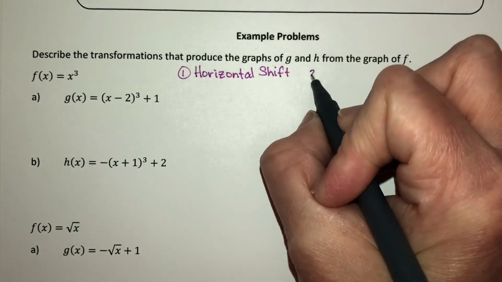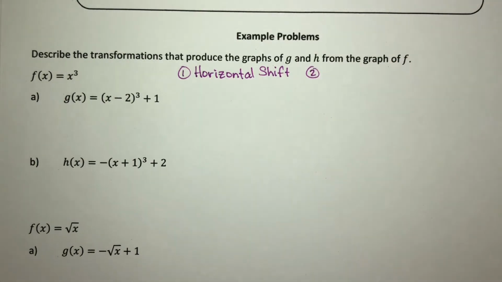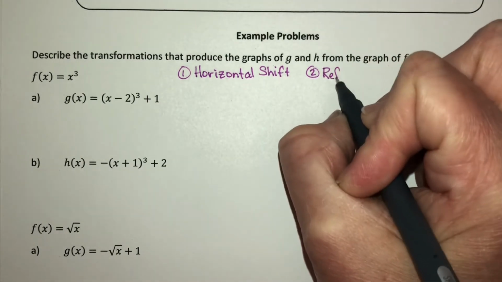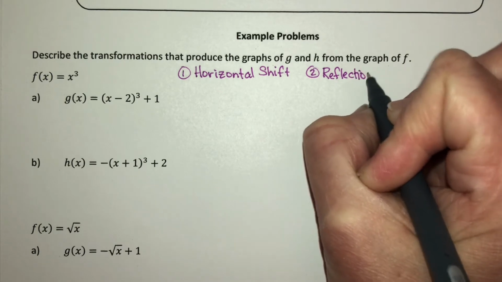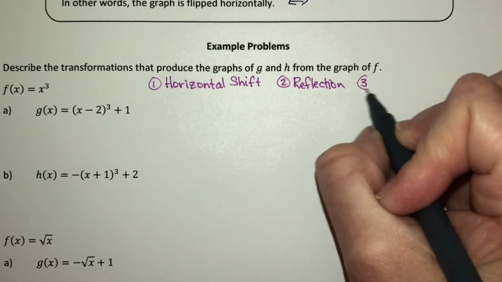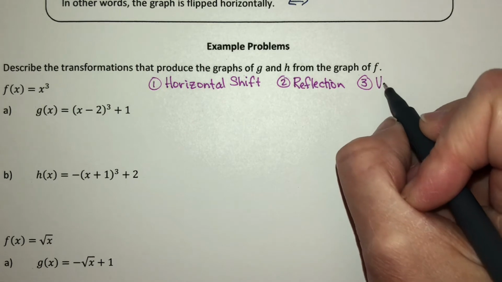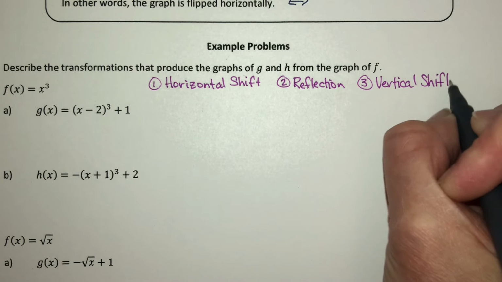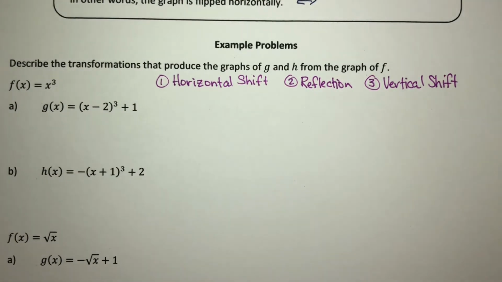And then our second step so far, we're going to add more things later, is the reflection. And then the last thing we're going to do is the vertical shift, if there are any. If all you're doing is shifting horizontal and vertical, it really doesn't matter which one you do first because you're going to end up in the same place. But once you start flipping things over an axis, it really does matter where your graph is at that particular point.